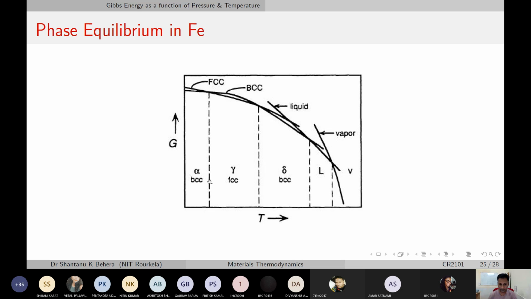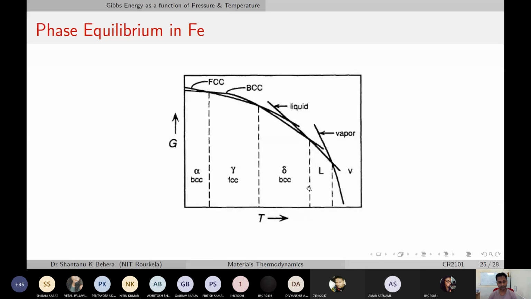Just that from about 910 degrees Celsius to about 1390 degrees Celsius, the delta phase does not have the minimum energy, over which the gamma phase is more stable, but otherwise it's the same.